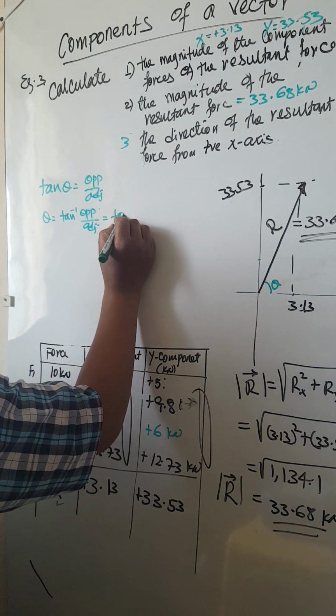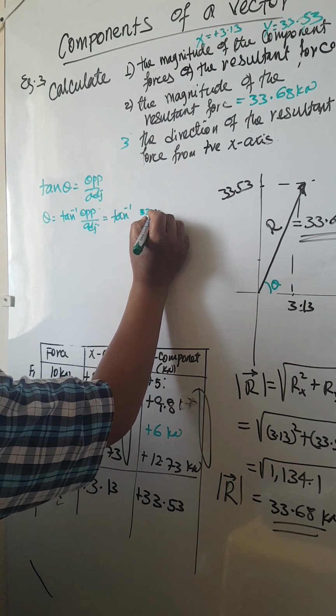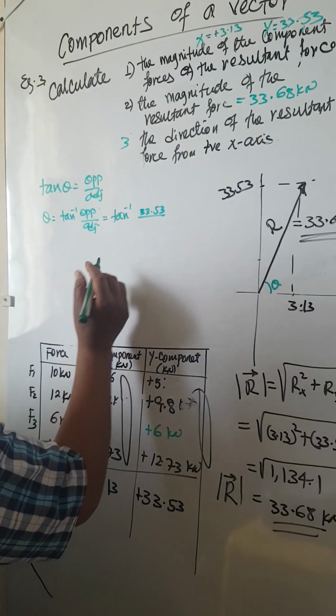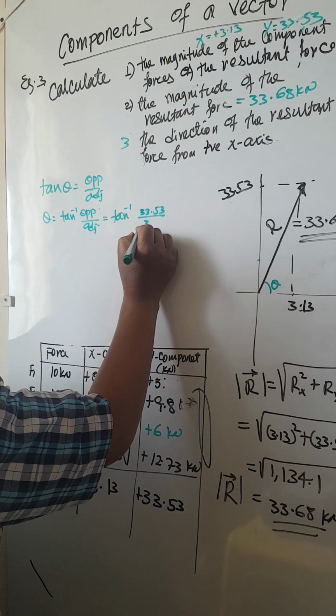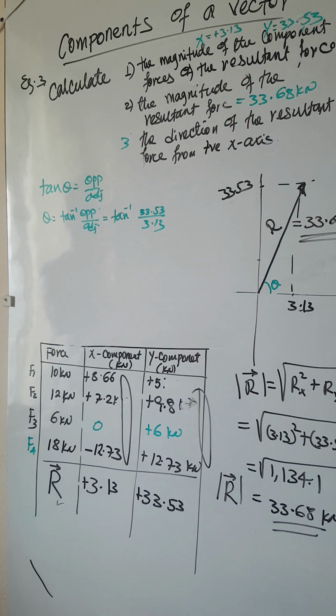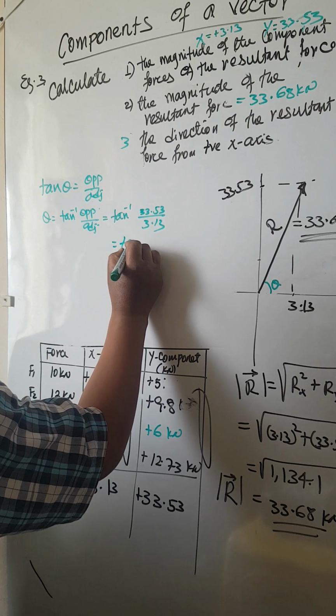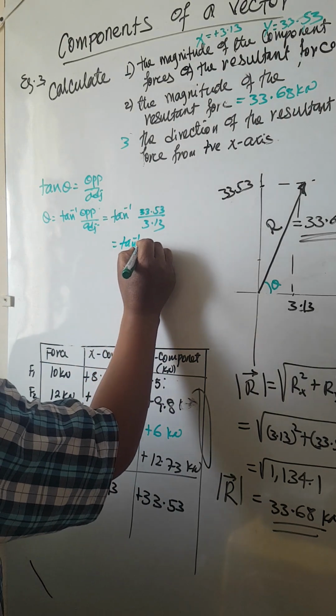This is equal to tan inverse of the opposite, 33.53, and the adjacent, 3.13. Now 33.53 divided by 3.13 is 10.7. Tan inverse of 10.7.